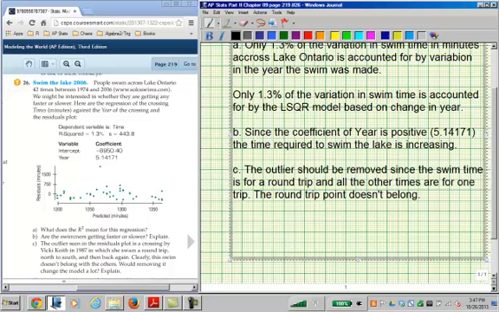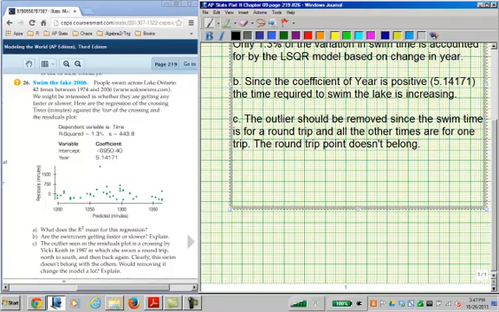Okay, and why? Because the x-coordinate of the outlier is close to the mean of the x-coordinates, so it has no leverage. It has no leverage, so it's not going to change the slope of the LSQR. It may change the y-intercept a little bit, but we really don't care about that.